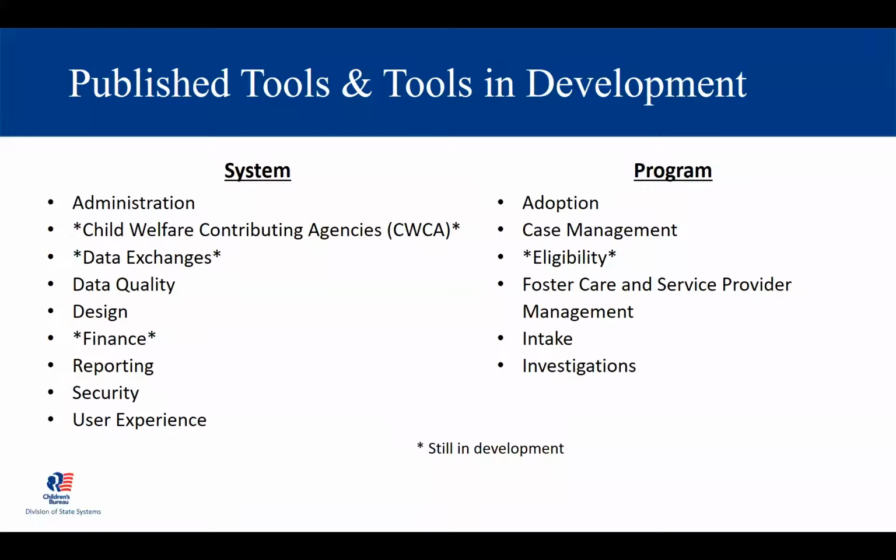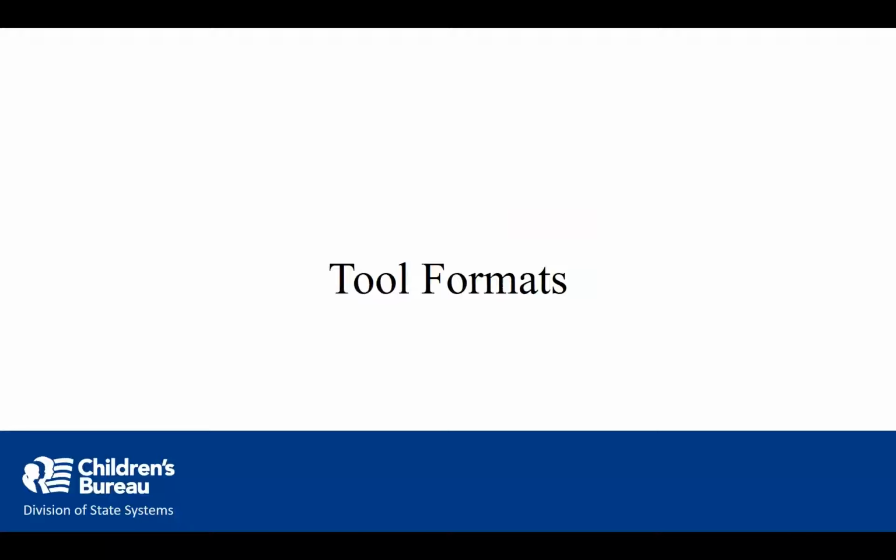Unfortunately, we don't have a specific target date. We're working on all of them because these cross over with different divisions. We are making sure we are being as consistent as possible as we get this information out there, and we will provide updates as we go along. And like the other tools, we plan on sharing drafts of the tools with a few agencies to get feedback prior to publication. All right, next slide, please.